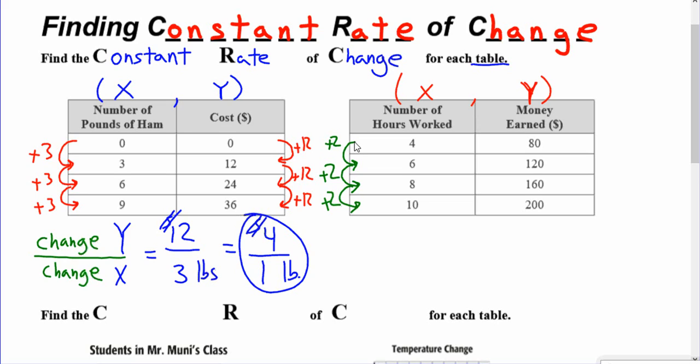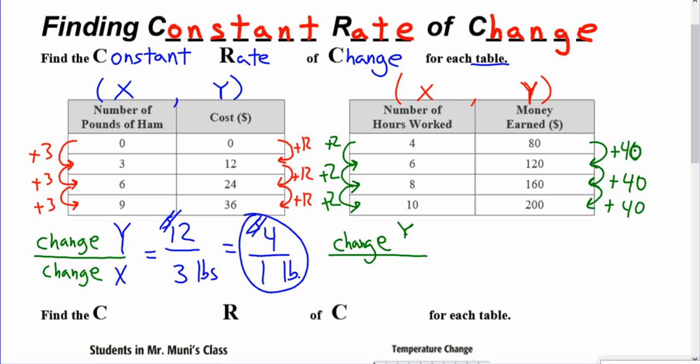So see, it's a constant change. On the y side, the money went from $80 to $120. So that's $40. From 120 to 160, that's another 40. From 160 to 200, that's another 40. So it was always changing by 40.